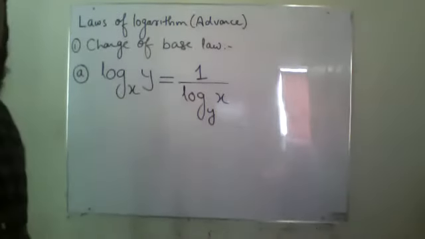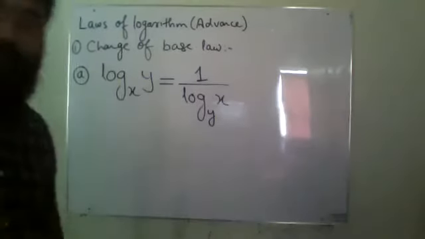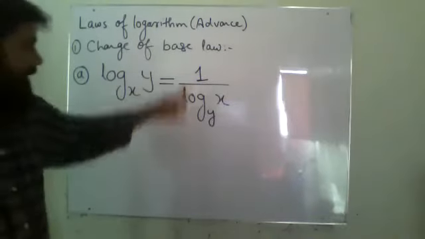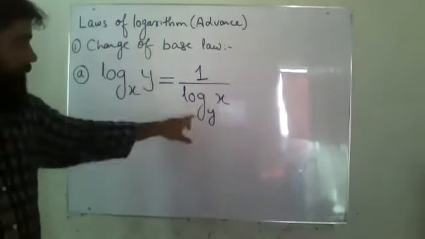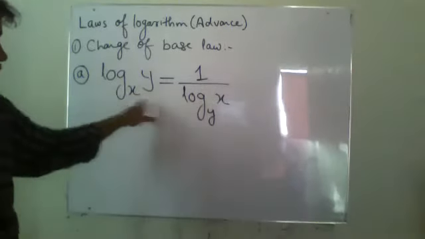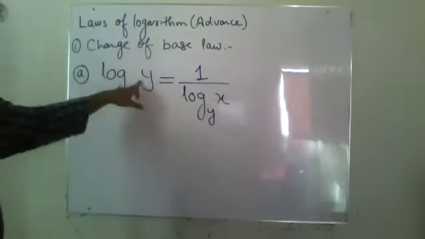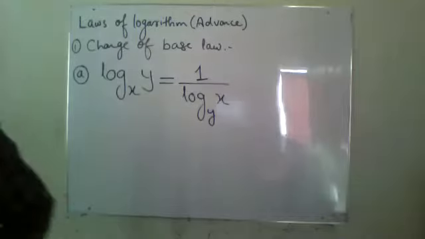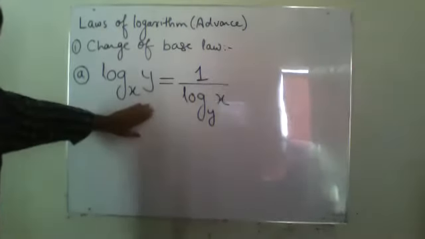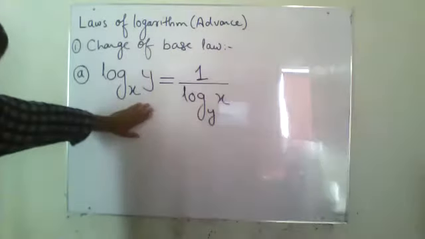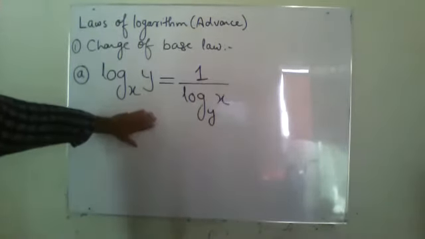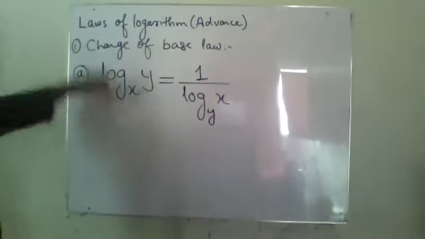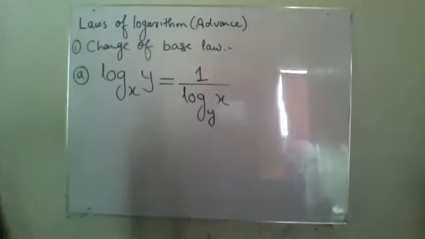If I want to change base with multiple and multiple with base, then I will write my log in the reciprocal form, and the base will become multiple, and my multiple will become base. Okay, this is how I'm going to solve, this is how I'm going to shift, this is how I'm going to change multiple into base and base into multiple. This is one part of change of base law. Okay.